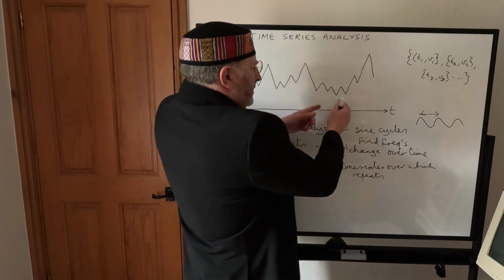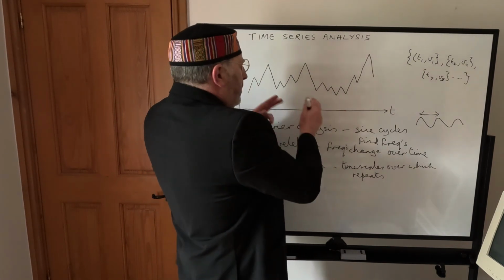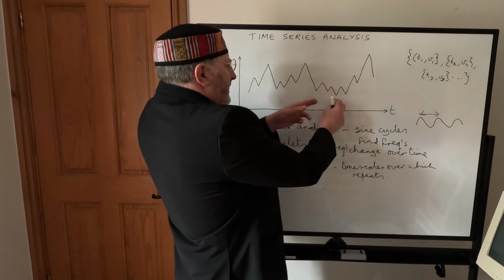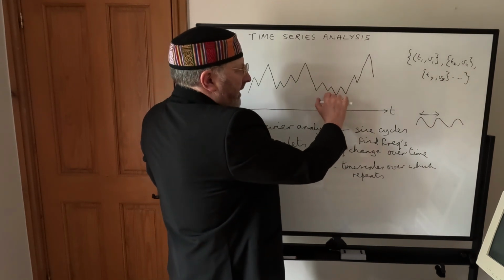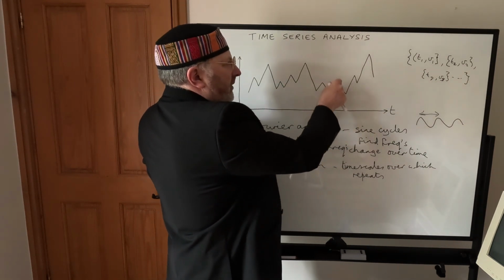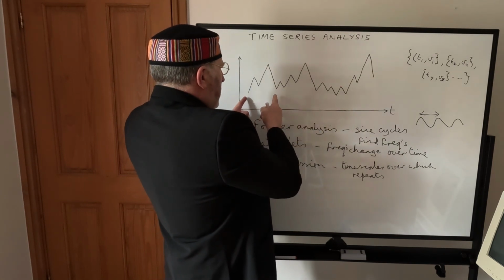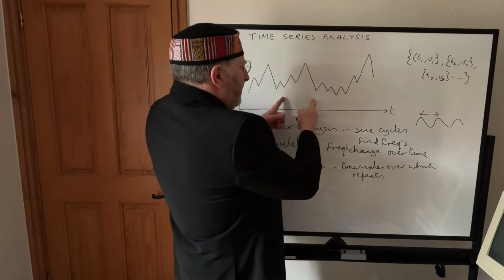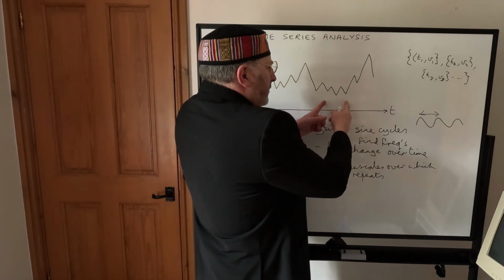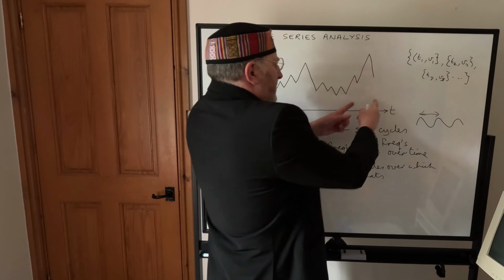But with autoregression, we might pick up that it in fact is repeating here, but it's just that for some reason the peaks are much smaller at that point. But we would still pick that up because we're still finding two peaks together and two peaks together.